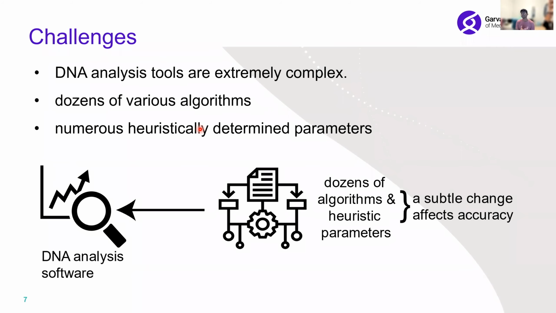And accuracy is a very important thing in DNA analysis because, as you may know, if you give a slightly different output from the most accurate possible, that might have an impact on the decisions made by a clinician or whoever. So this is the challenge that I found the most.